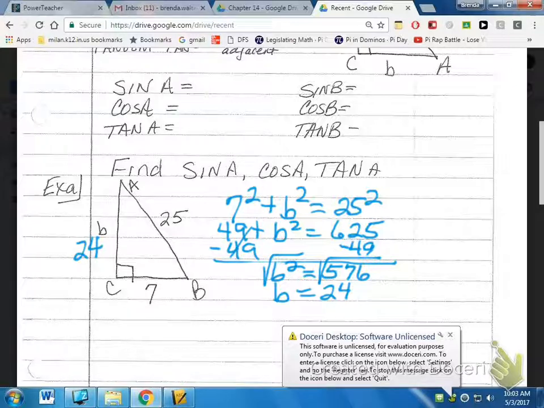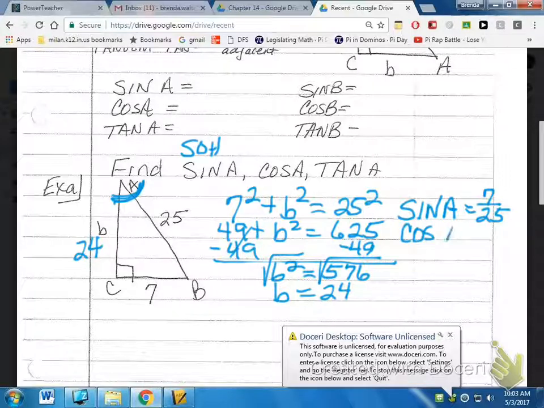Now it's time to go ahead and write these ratios. So what you write is sine of A, and we're referring to A up here. So opposite over hypotenuse, so sine of A, what's opposite? 7, and what's hypotenuse? 25. So you're just going to leave it 7 over 25 for now. Cosine of A, so cosine, remember, is CAH.